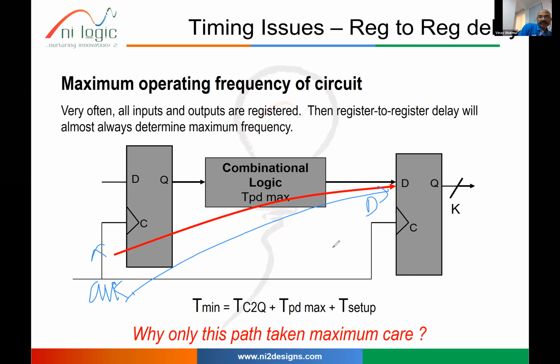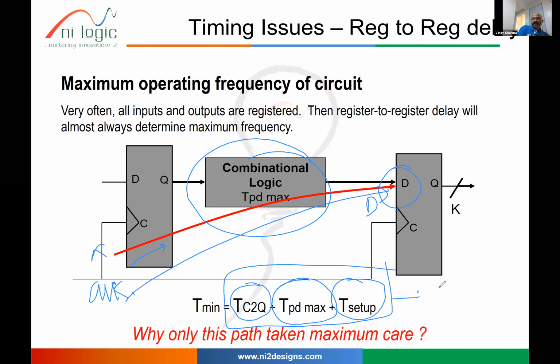So the delays are the clock to Q delay of the first flip-flop, any combinational logic delay in between, which is called propagation delay, and the setup time of the next stage flip-flop. If you add all these three factors, then based on this, the maximum operating frequency is established. This gives the minimum period, or the maximum frequency.